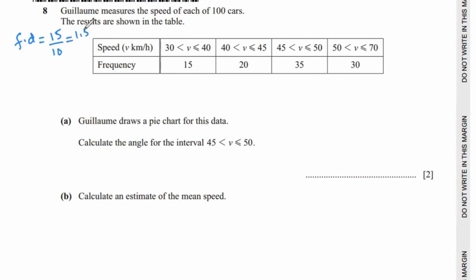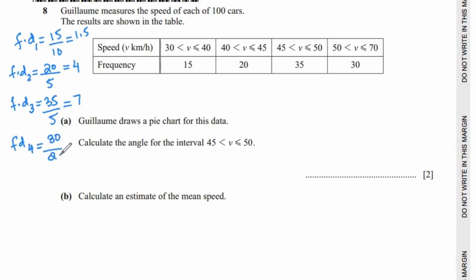That's 1.5. Second one is going to be 20 over 5. That's 4. Third one, 35 over 5. That's 7. And 30 over 20. That's going to be 1.5.